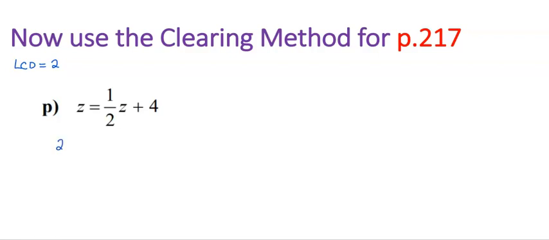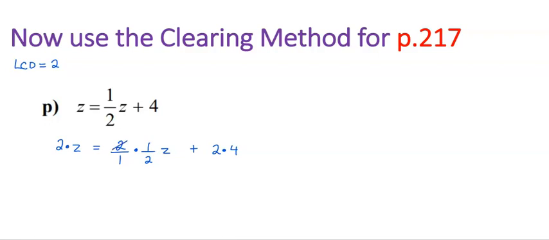So let's do that. 2 times z is equal to 2 over 1 times half z plus 2 times 4. Every term has to be multiplied by 2 in order for this to work. So we're going to go ahead and do the clearing.